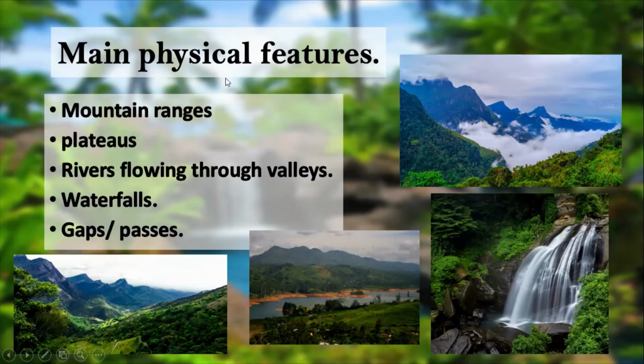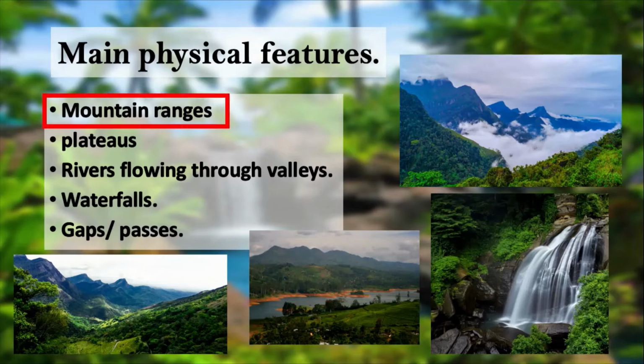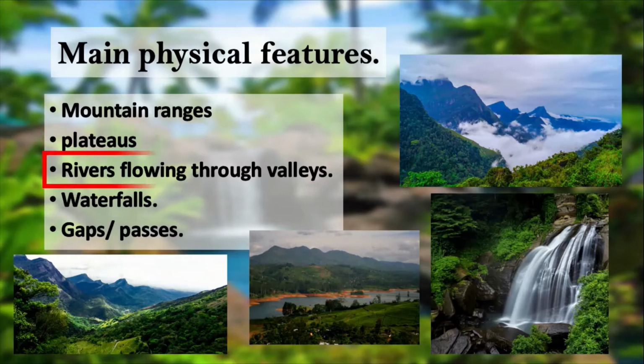What are the main physical features in the hilly region? We can identify mountain ranges, plateaus, rivers flowing through valleys, waterfalls, gaps or passes as physical features in the hilly region.